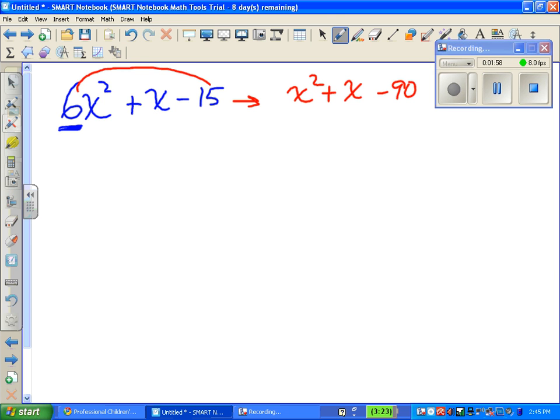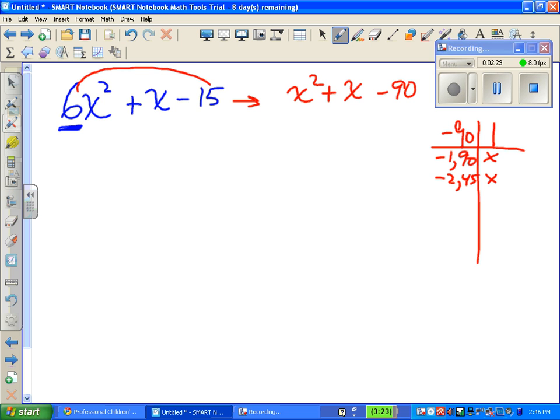So I'm going to look for factors of negative 90 that add up to 1. Well, I know the largest one of the factors is going to be positive, so I have negative 1 and 90. No. Negative 2 and 45.